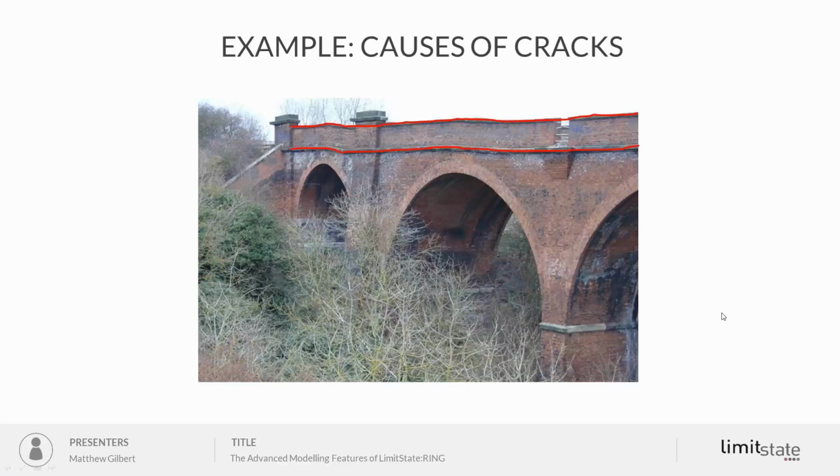Got another example shown on screen now. This is actually a railway bridge. This particular bridge had a support movement that happened a long time ago, I think around the time of the First World War, relatively soon after it was constructed.